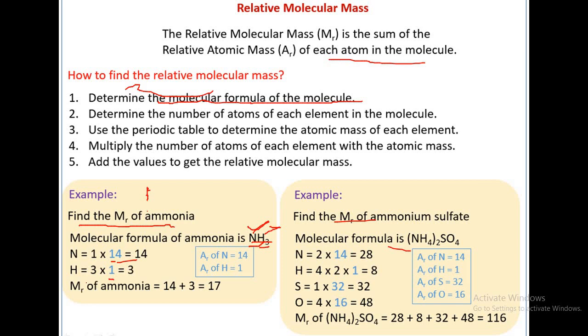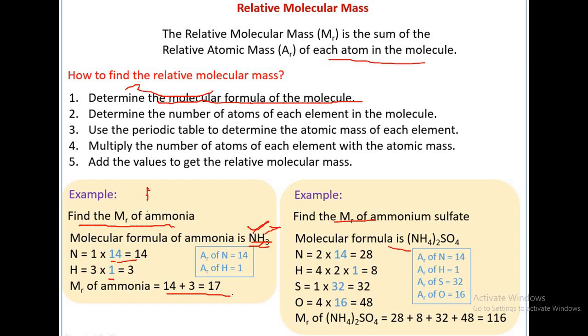We will multiply and then calculate the sum of all these masses. So the relative molecular mass of ammonia is 17.